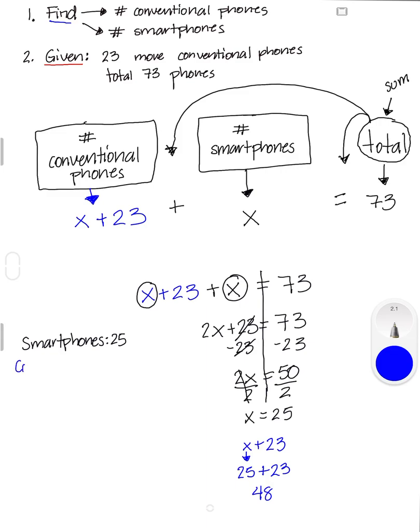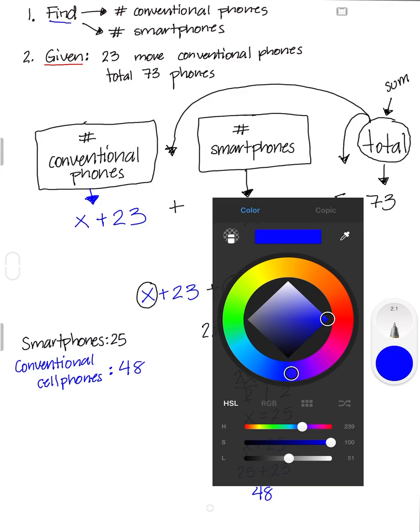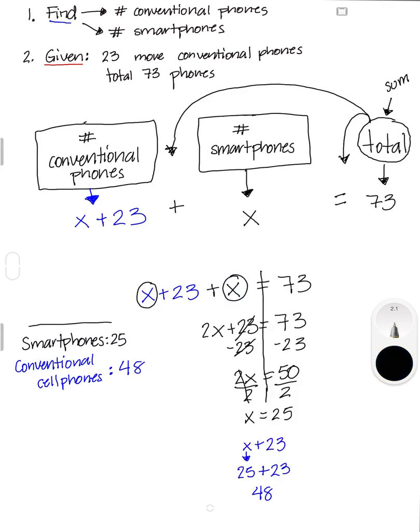So that means for the conventional cell phones, we have 48, and that will be our solution. There are 25 smartphones and 48 conventional cell phones in the store.